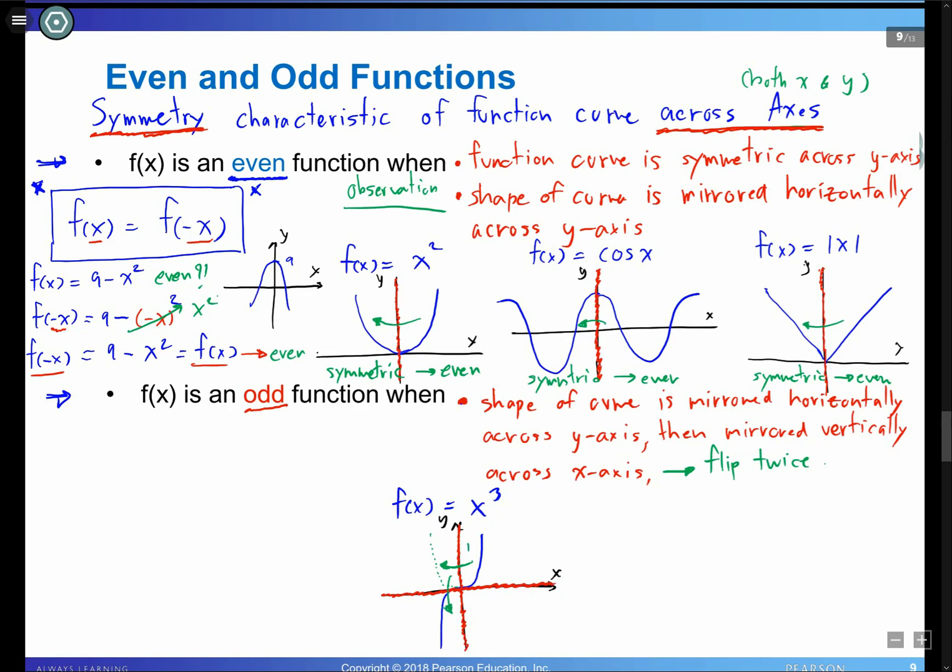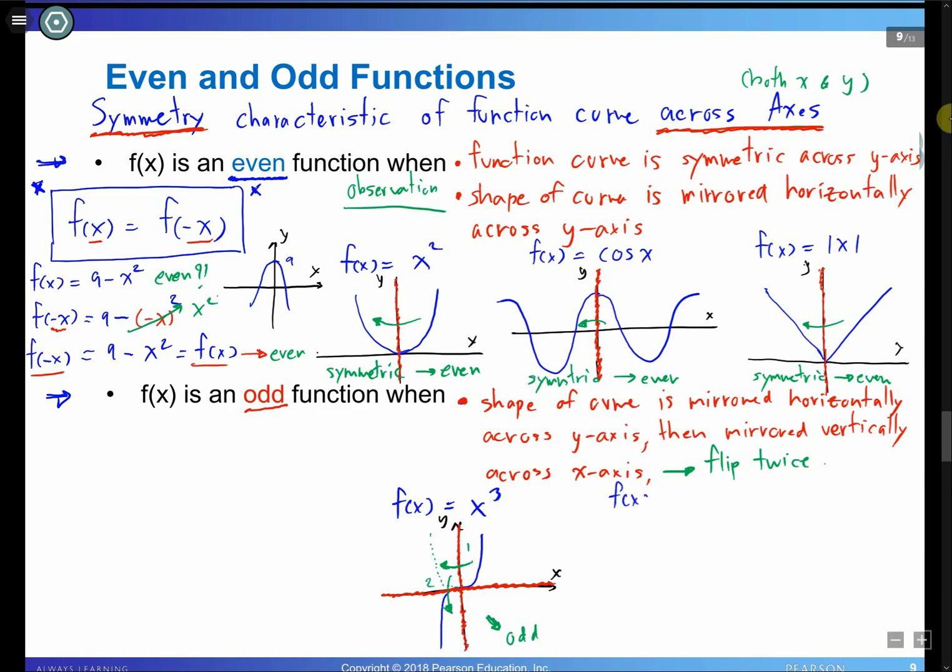Second, mirrored vertically across the x-axis. So you flip twice and you get the same graph. So from this we know that this one is odd, from flipping the curve twice, from the positive x to the other side and then down to the negative y and negative x. Now let's try one more.